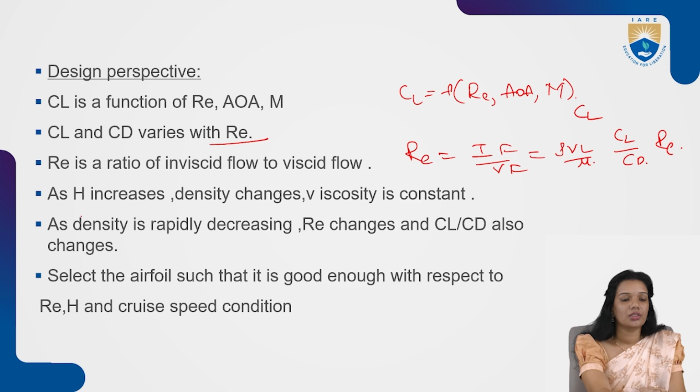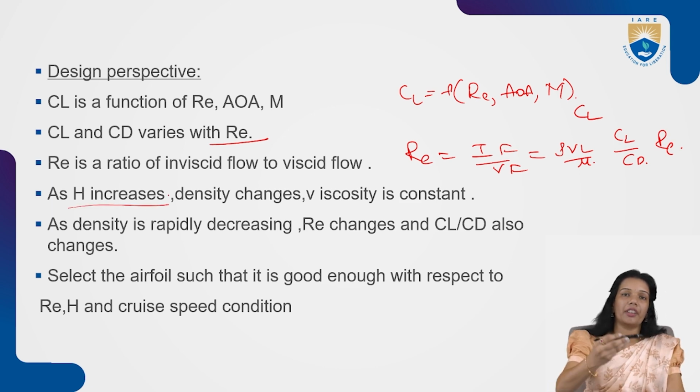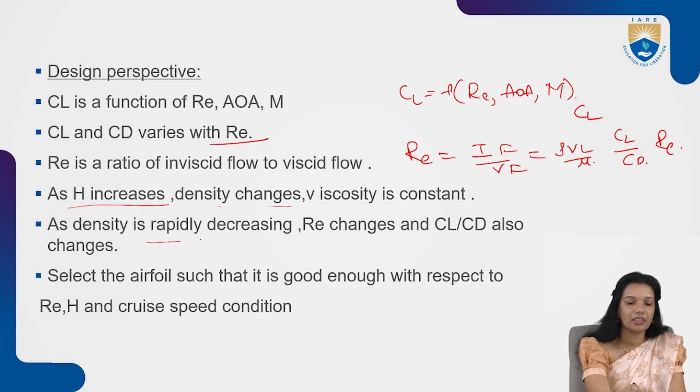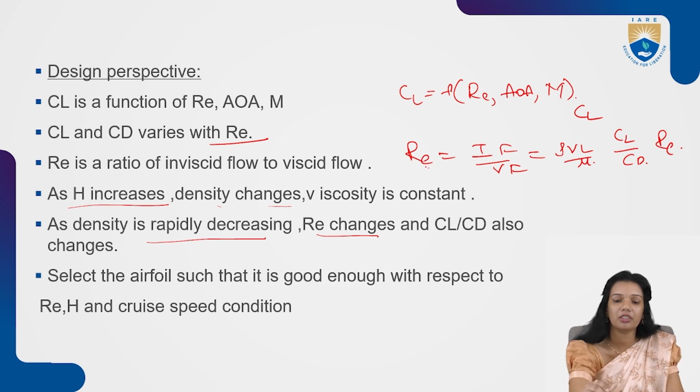Now, as my altitude is increasing, what is happening? When you are raising the altitude, my density is going to change definitely, right? But your viscosity is going to be a constant number only. So as density is decreasing, your Reynolds number also changes. If my Reynolds number changes, then my CL by CD also changes, right?